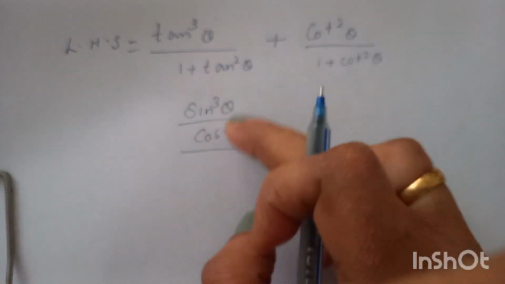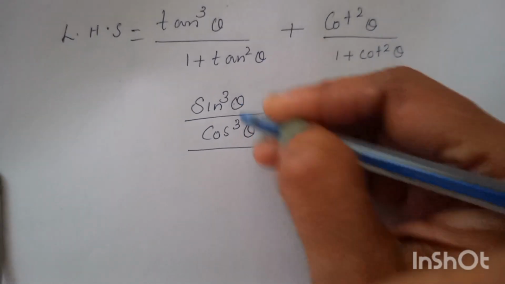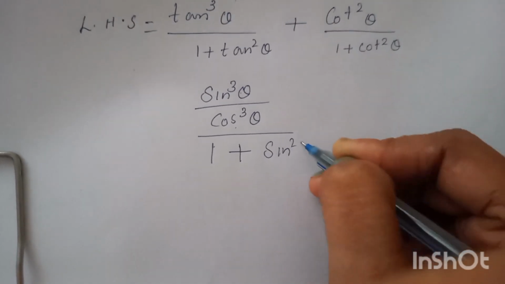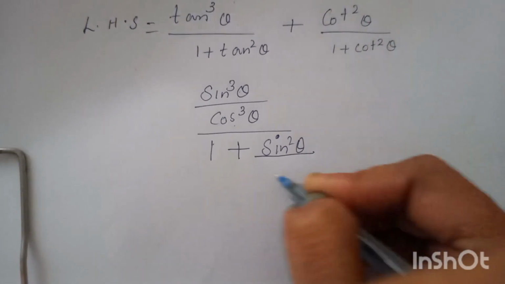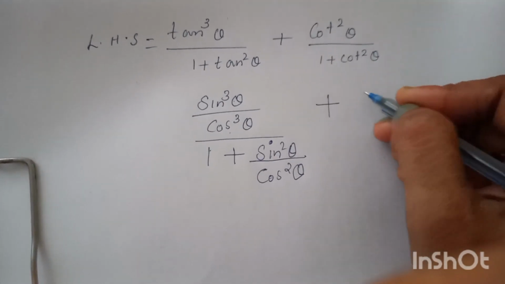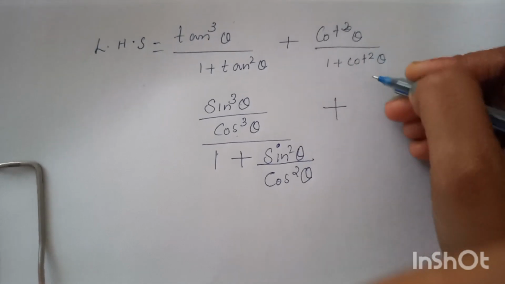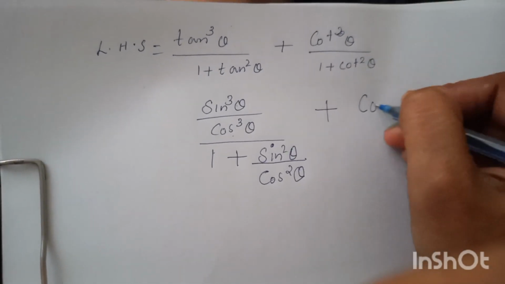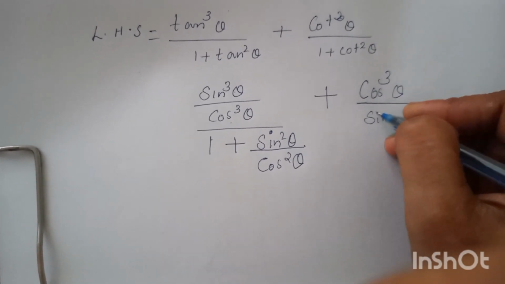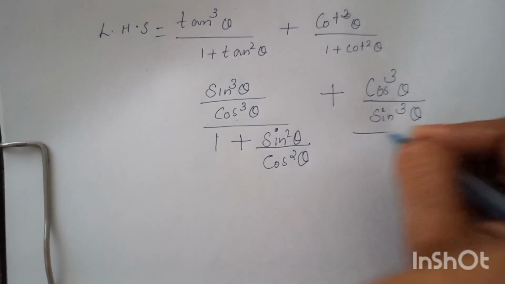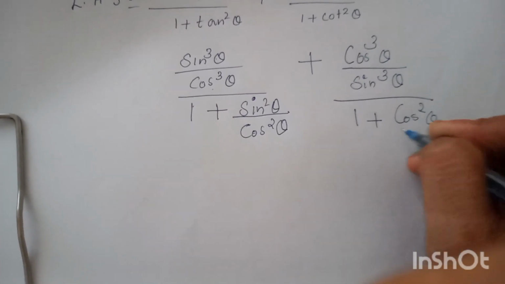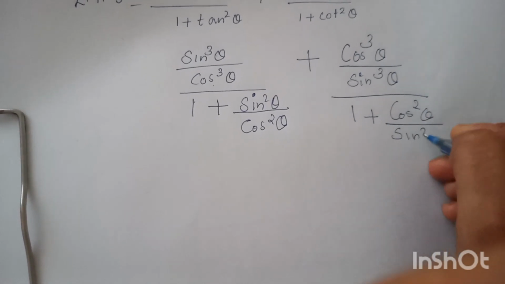We have to write in terms of sine and cos. So tan cube theta we can write as sine cube theta by cos cube theta, divided by 1 plus sine square theta by cos square theta, plus cot cube theta, we can write cos cube theta divided by sine cube theta, divided by 1 plus cos square theta divided by sine square theta.